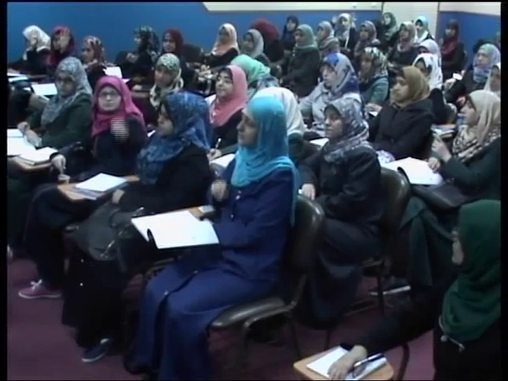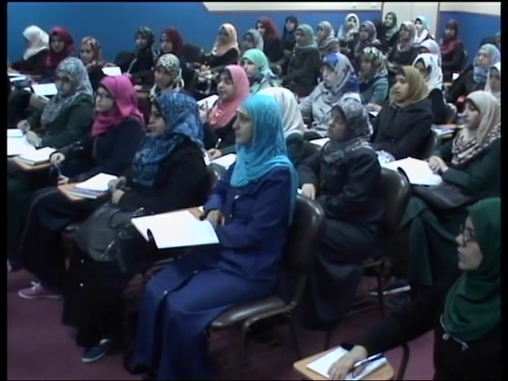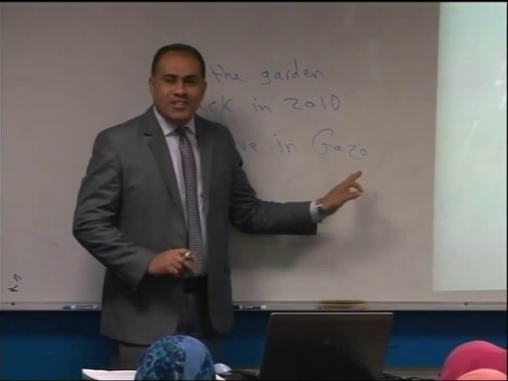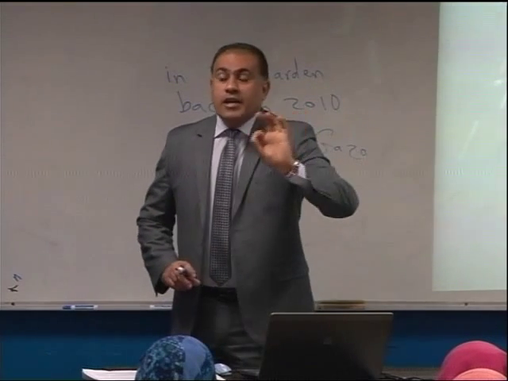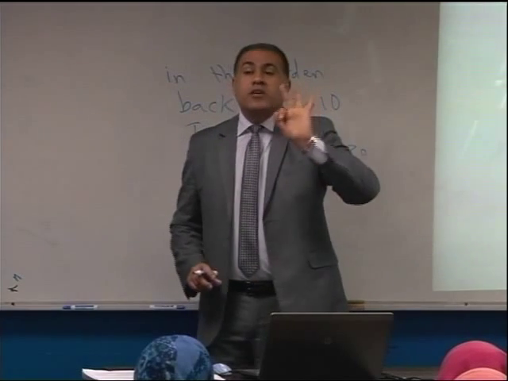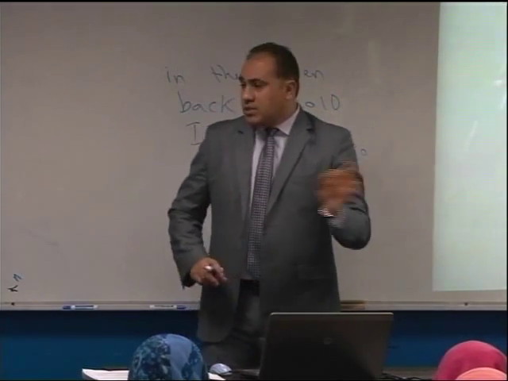Because it contains a subject and a verb. What else? An object? No, Gaza is not an object. So it has a subject and a verb, and is the meaning complete? Yes. So remember, these are the three conditions for a sentence to be considered a sentence.